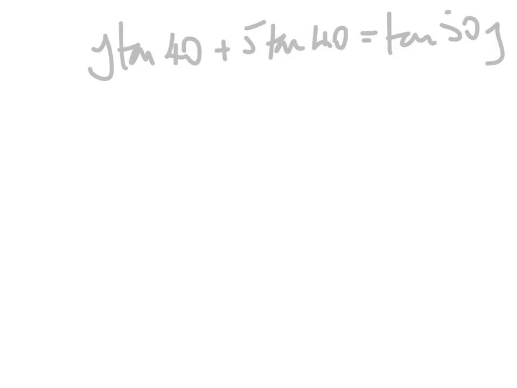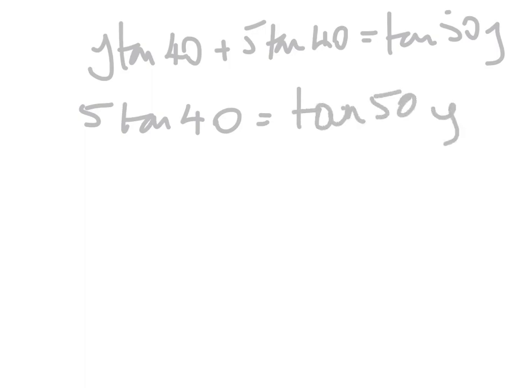On the left-hand side, I'm left with 5 times tan 40, which is going to equal tan 50 y minus tan 40 y. Now we're going to factor out the y.